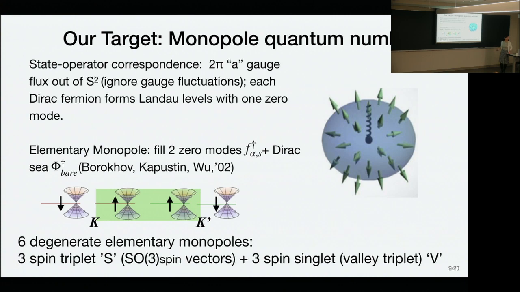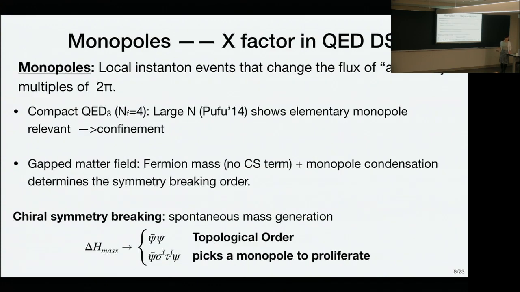Excuse me, maybe a naive question. Suppose the term that breaks chiral symmetry is a singlet, and it is topological order, as you say. Does that also have a choice for monopole? There's some additional subtlety for which kind of topological order. Because you say in the second case you need to choose a monopole.